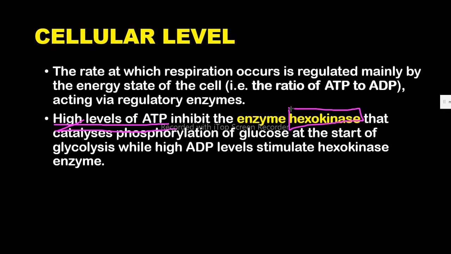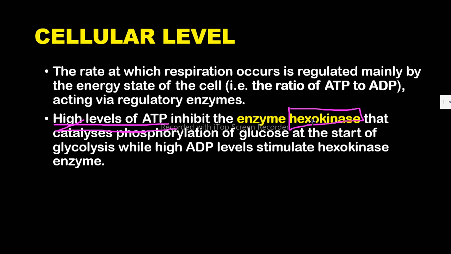Now this is the enzyme that can phosphorylate a glucose molecule directly when it enters into a cell. So if the hexokinase is inhibited, then it means the glucose is not going to be phosphorylated. And if you don't phosphorylate the glucose, then what does that mean? The whole of respiration is going to be cut off.